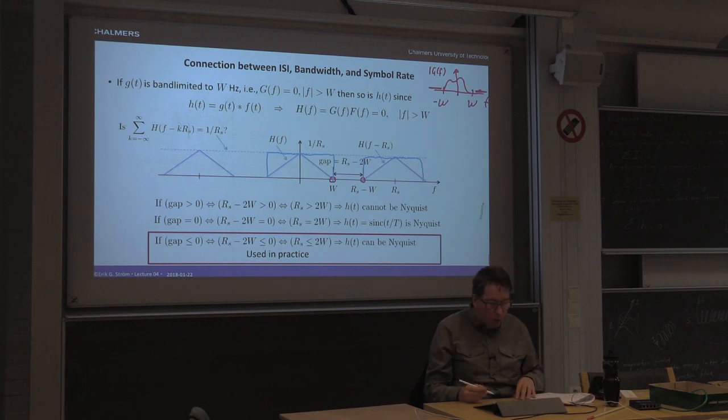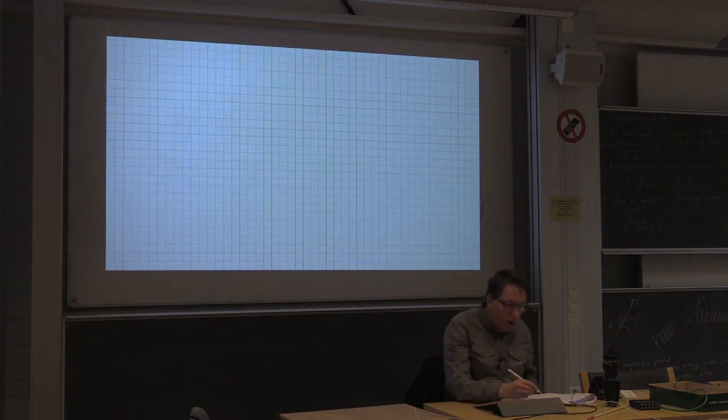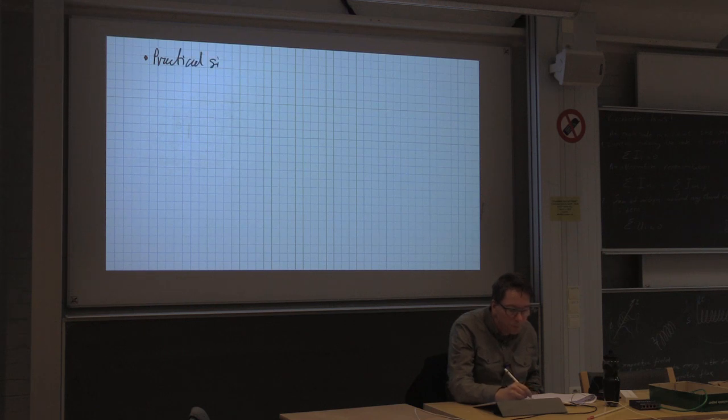Okay. So before we actually go and do this design, let's see a few more implications of this. So the practical situation is when Rs is related to twice the bandwidth.